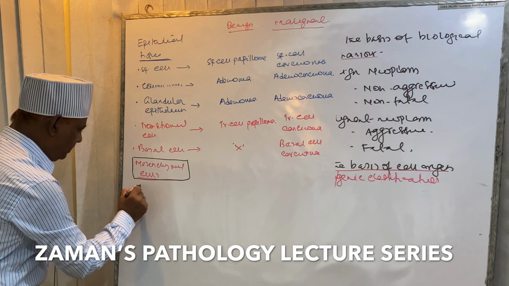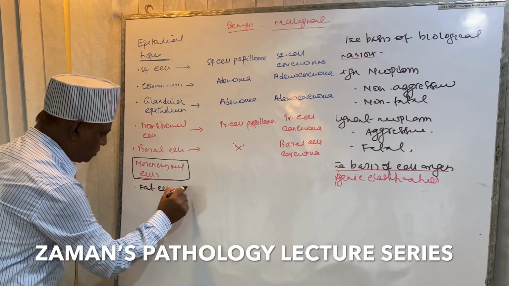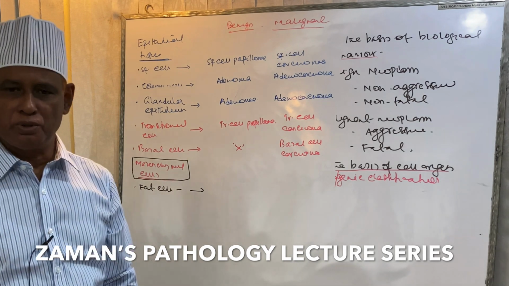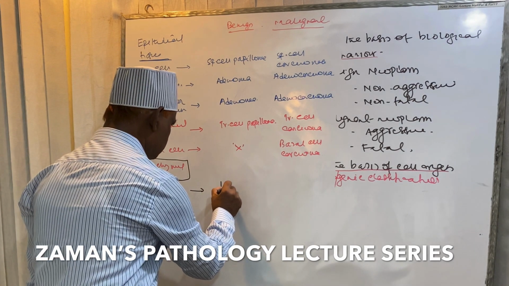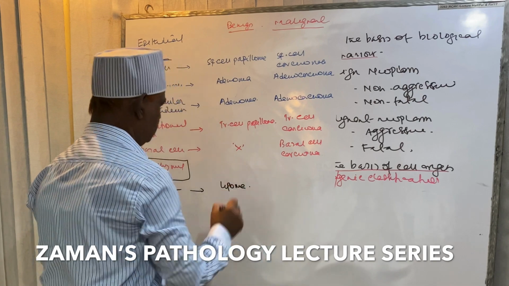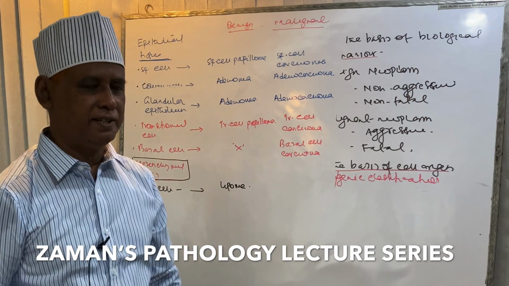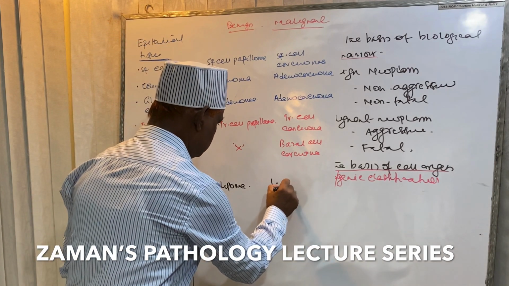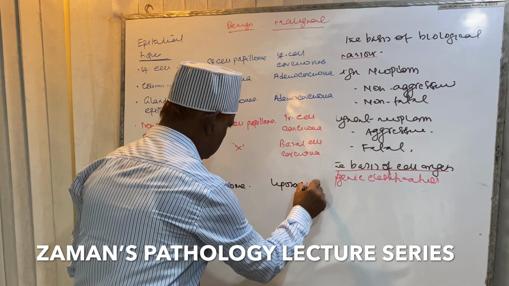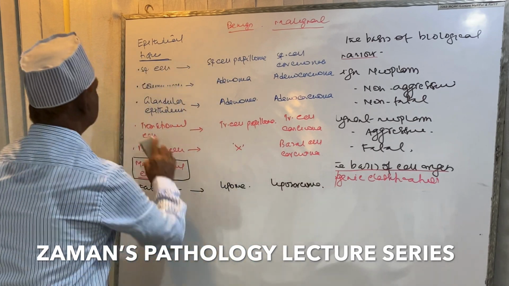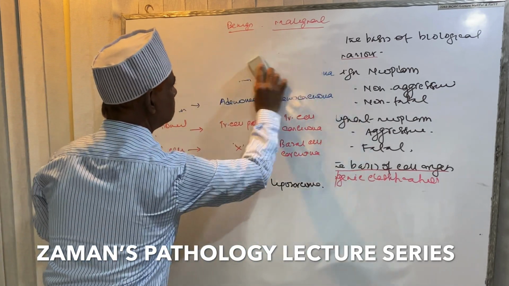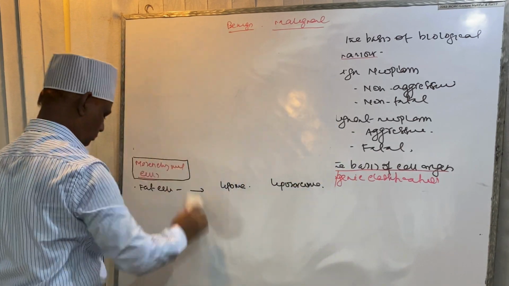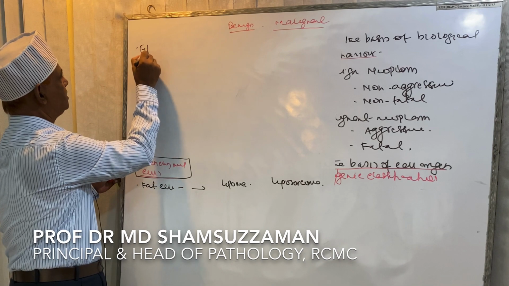One is fat cell or adipose tissue. The benign tumor of fat cell or adipose tissue is called lipoma. And malignant tumor of fat cell or adipose tissue is called liposarcoma. Fibroblast.